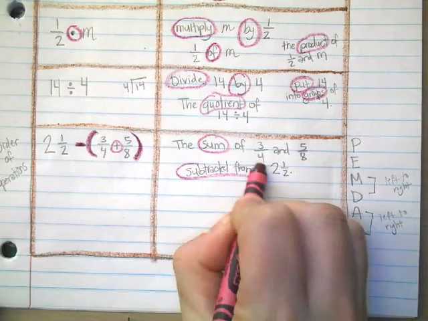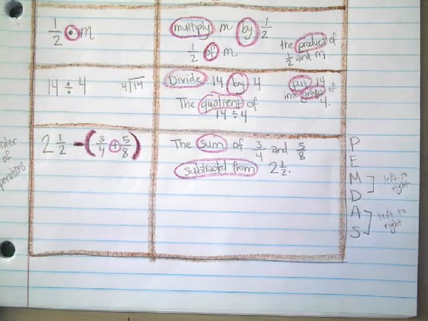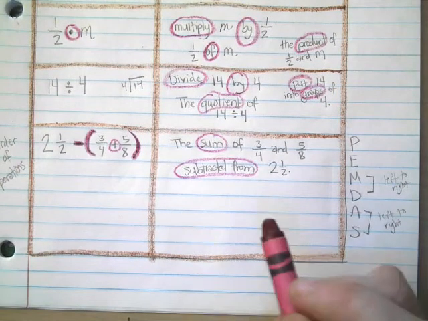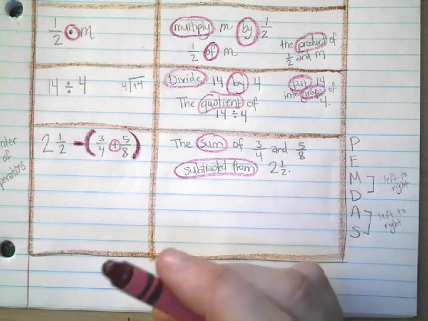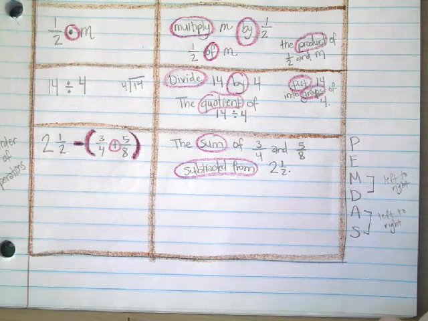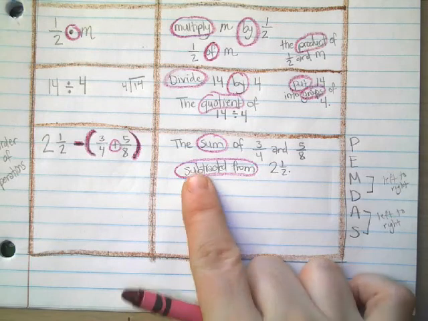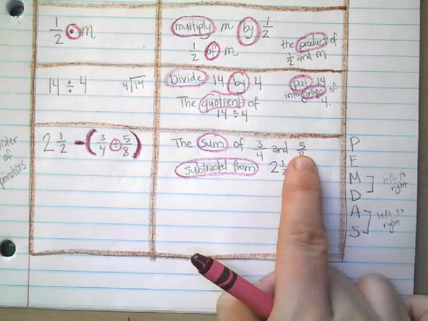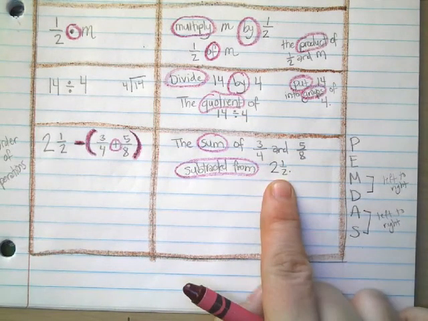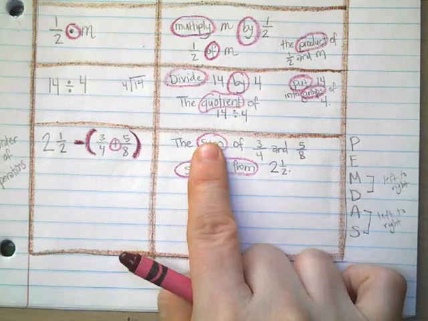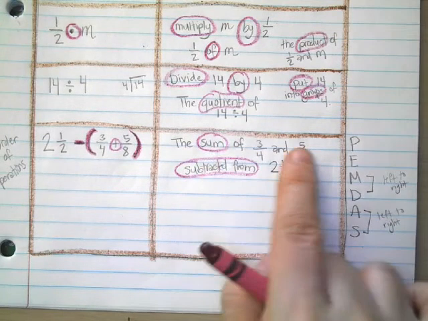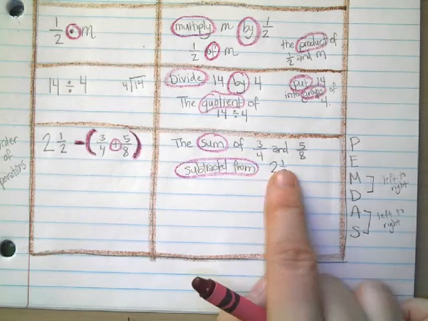So you have the sum of 3/4 and 5/8 subtracted from 2.5. You can also say subtract the sum of 3/4 and 5/8 from 2.5. So you could say subtract the sum of this from that.